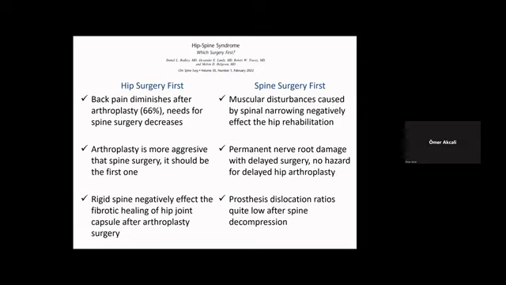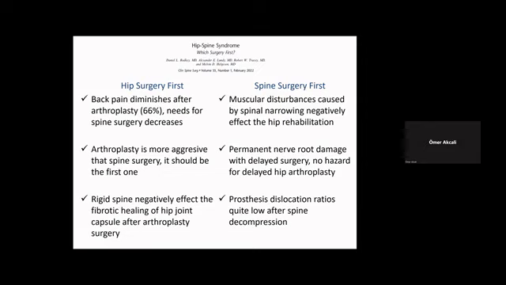However, some authors are against this opinion. They suggest that the muscular weakness caused by spinal canal narrowing or nerve root compression negatively affects hip rehabilitation after hip arthroplasty.